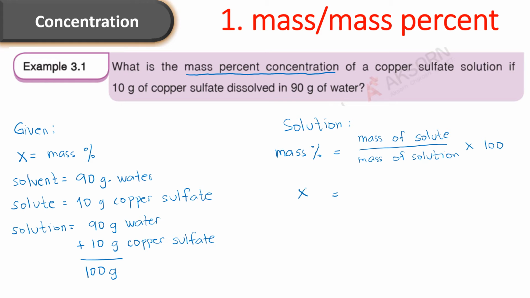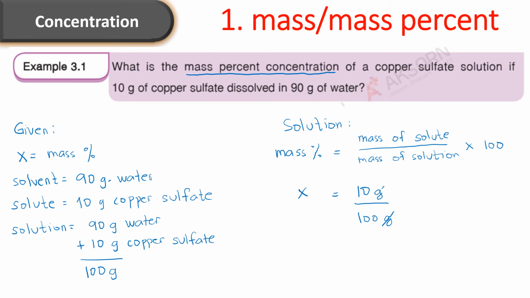Let's substitute the given values there. X equals, what is the mass of your solute? That is 10 grams divided by the mass of your solution. We're looking at the 100 grams because we are talking about solution. So that will be 100 grams.